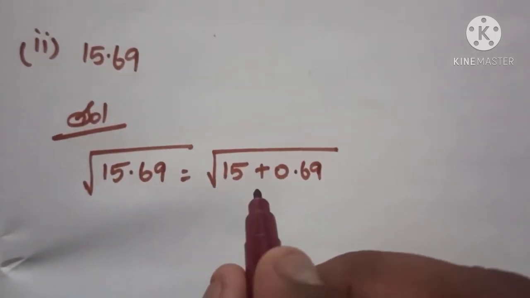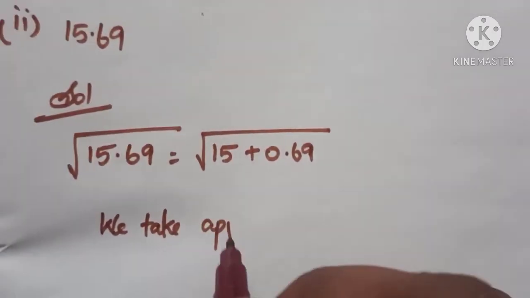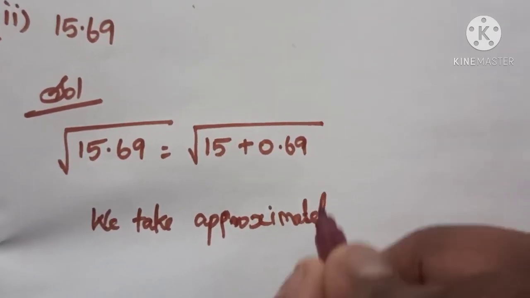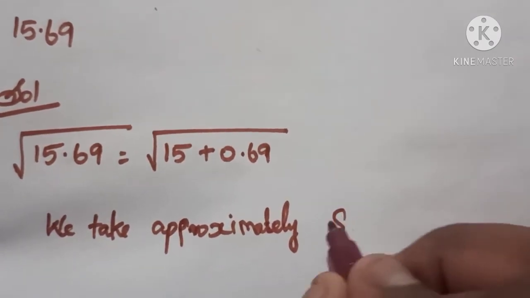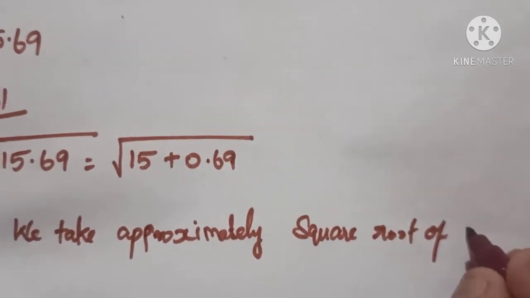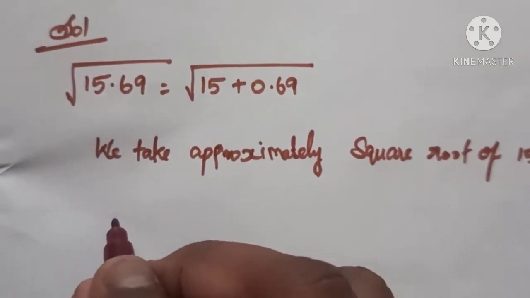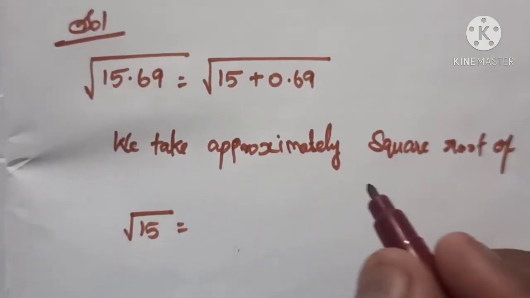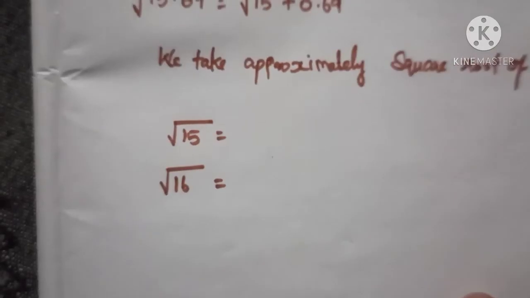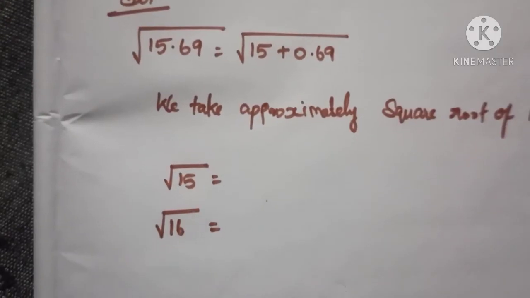So in this case we take approximately square root of 15 and 16. So we need to find out square root of 15 by using the table and square root of 16 by using the table. Okay, and next you can see we need this decimal value 0.69.